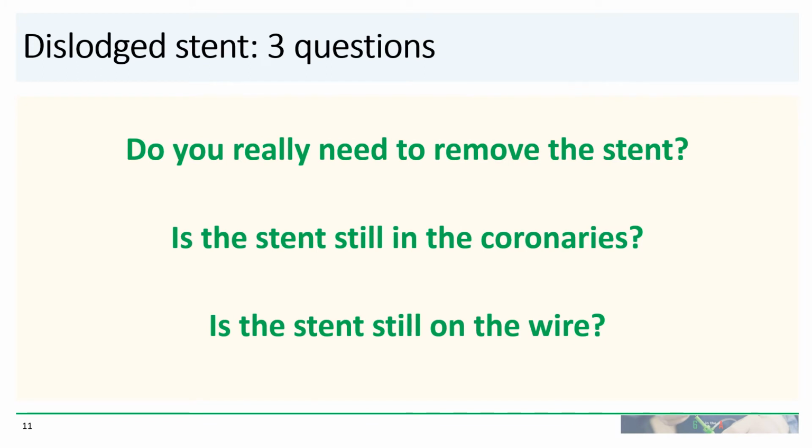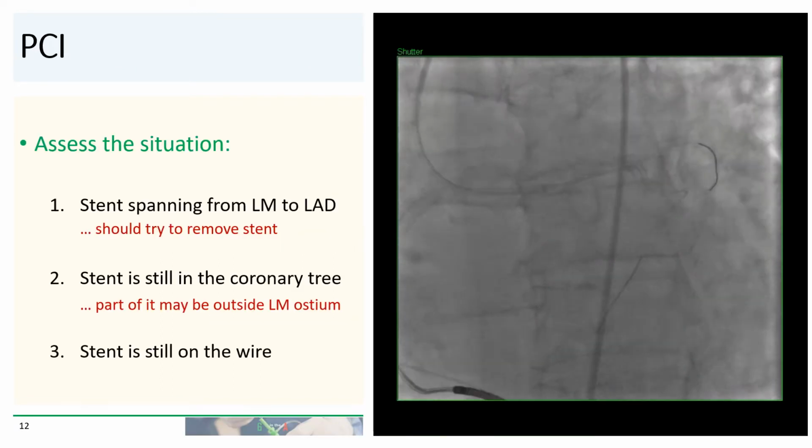So when you have a dislodged stent like this, the first thing you need to do is ask yourself 3 questions. Number 1, do you really need to remove the stent? Number 2, is the stent still in the coronaries? And number 3, is the stent still on the wire? So we assess our situation.